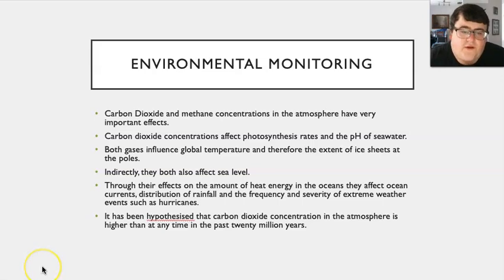Through their effects on the amount of heat energy in the oceans, they'll also affect ocean currents, the distribution of rainfall, and the frequency and severity of extreme weather, so we experience more hurricanes. We've also hypothesized that carbon dioxide concentration in the atmosphere is higher than any time in the past 20 million years because of all those fossils that were stored millions of years ago and that we're digging up now and releasing into the environment when they shouldn't be released.